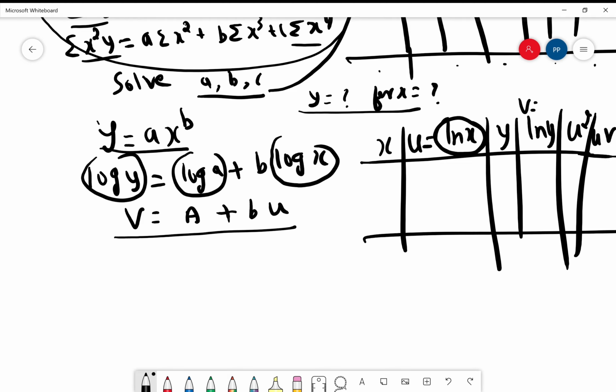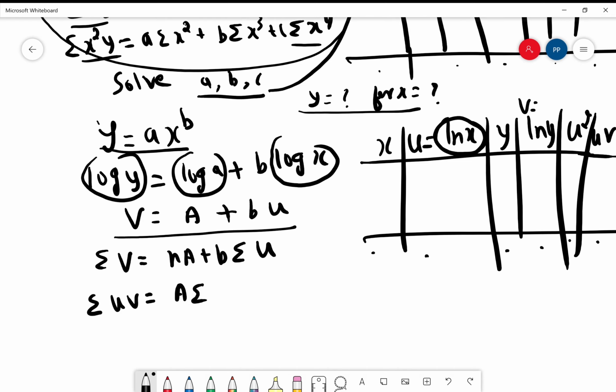So you have to get the respective summations and use them in this normal equation. Sigma v equals n a into b into sigma u, and sigma uv equals a into sigma u plus b into sigma u square.